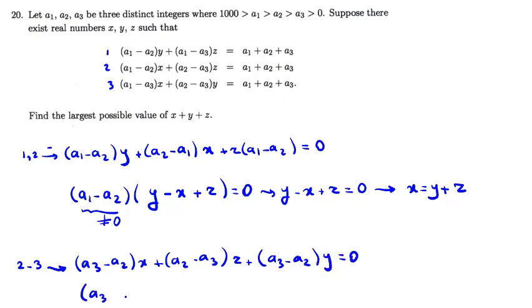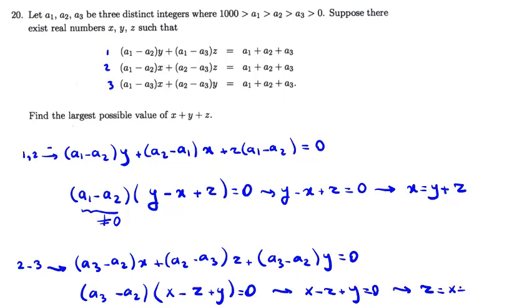Again, we say a3 minus a2 times x minus z plus y equals 0. And we conclude it is again not 0, because a3 is strictly less than a2. So x minus z plus y is 0. And we conclude z equals x plus y.